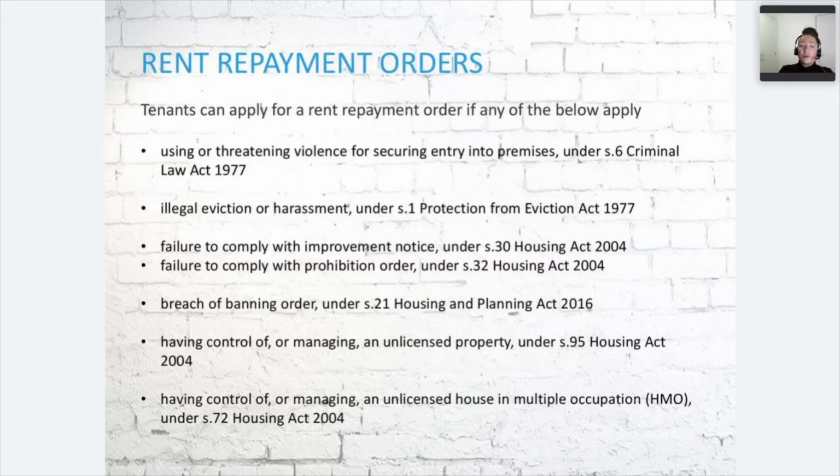If a landlord is convicted of using threatening violence for securing entry into premises under Section 6 of the Criminal Law Act, if a landlord has been convicted of illegal eviction or harassment under the Protection from Eviction Act, if a landlord is convicted for failure to comply with an improvement notice under the Housing Act 2004, if the landlord is convicted for failure to comply with a prohibition order under Section 32 of the Housing Act 2004, breach of a banning order under the Housing and Planning Act 2016.